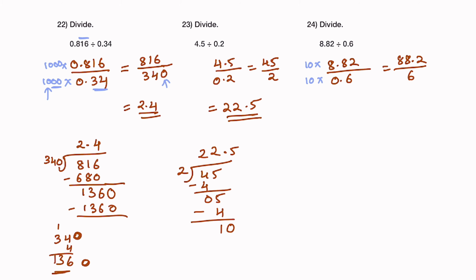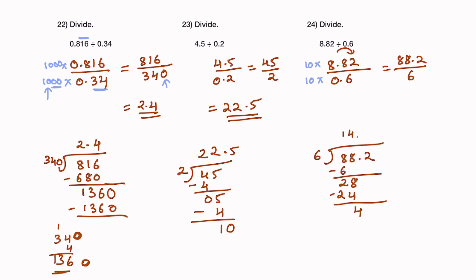Because we did only times 10. So decimal only shifts by 1 place. Okay, so that's 88.2 divided by 6. We do the division here, 88.2 divided by 6. So that's 1s, 6 there, 2, and that's 8 down. 6 times 4 is 24. 4 is the remainder. Now this is decimal, right?